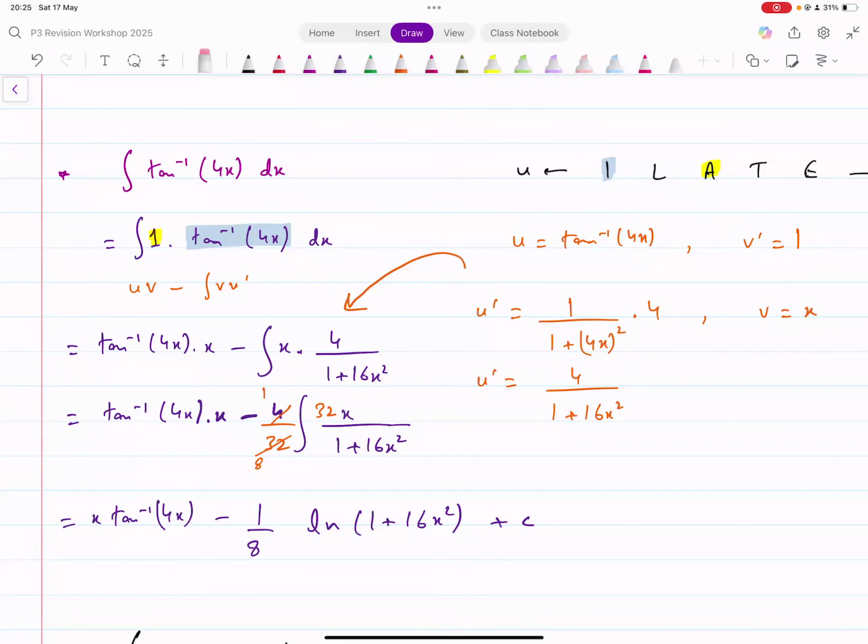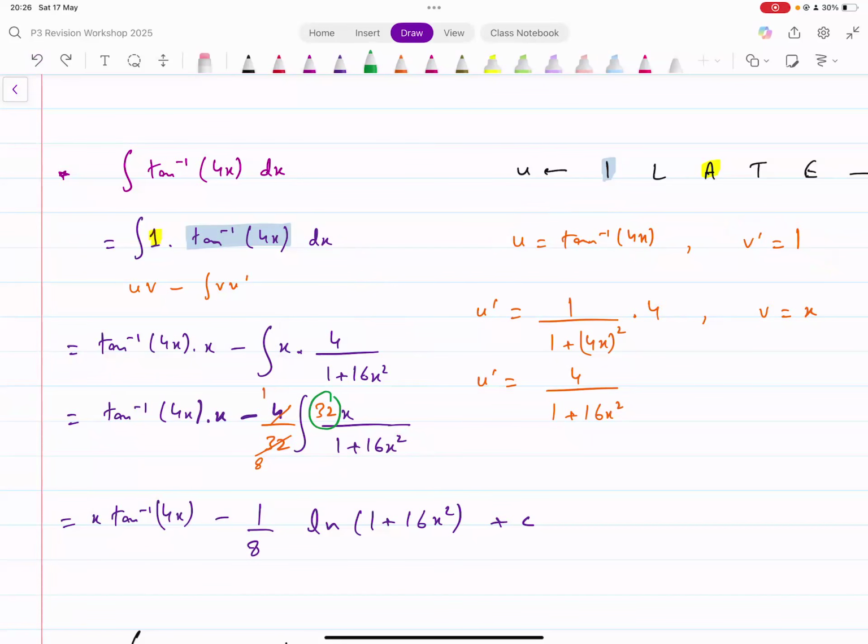When you do that, the integration that you get in the next step is going to be a fraction. And this fraction in this case can be integrated using the ln rule, right? We've got x over 1 plus 16x squared. The derivative of the denominator is 32x. So we wanted 32 in the numerator.